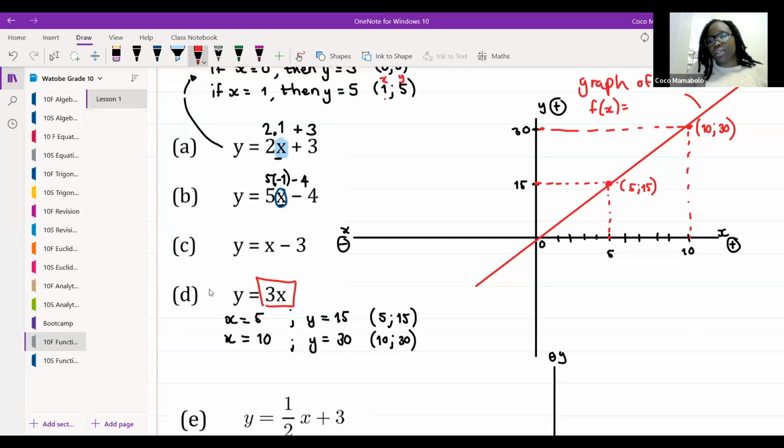F of x is equal to 3x. Okay, that's all. So we're just going to take the name, we're going to name it what we have down here, f of x, but we just replace the y with f of x. Okay.